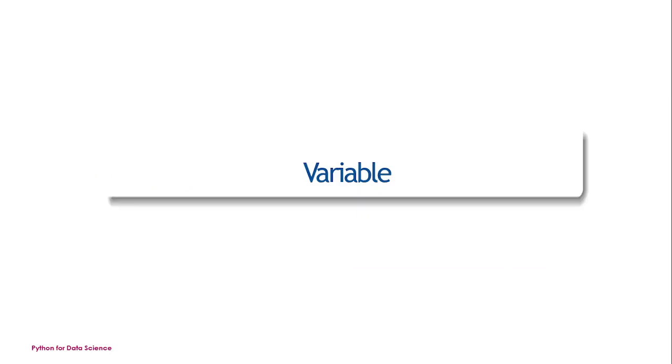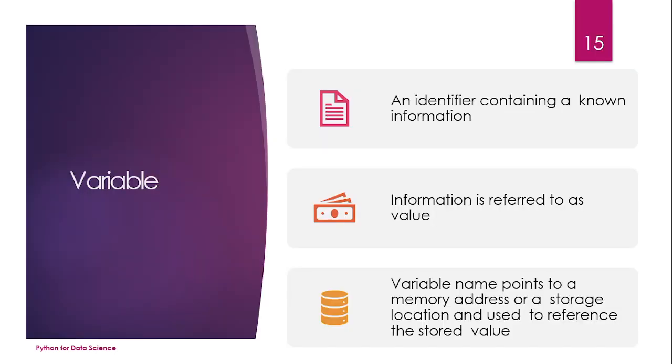Now what is a variable, we will see. See, a variable is basically an identifier containing a particular information. The best way to understand a variable is like a container. There are various containers where you store different items. So that is basically a variable. Whenever you want to store something, you use a variable.